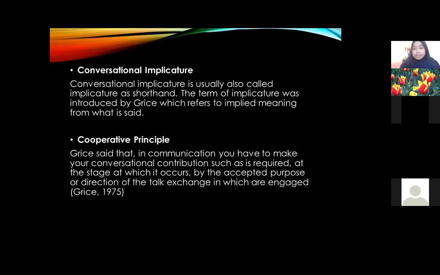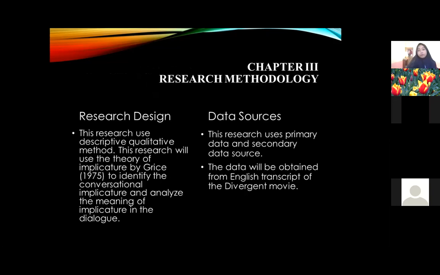Next, in chapter 3, research methodology. First is the research design. This research uses a descriptive qualitative method. This research will use the theory of implicature by Grice to identify the conversational implicature and analyze the meaning of implicature in the dialogue. For the data source, this research uses primary data and secondary data, and the data will be obtained from the English transcript of the Divergent movie.